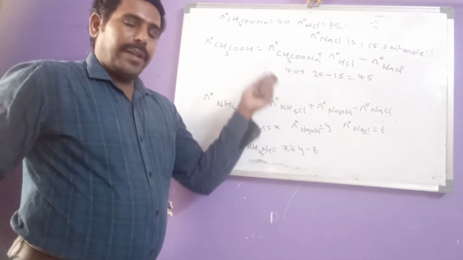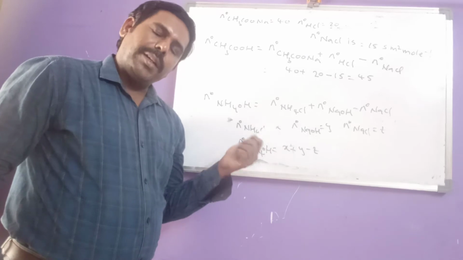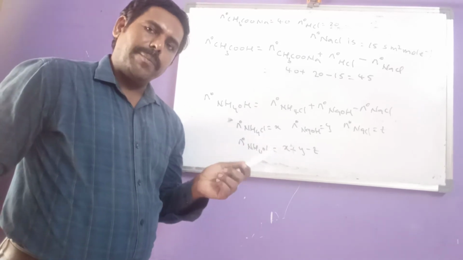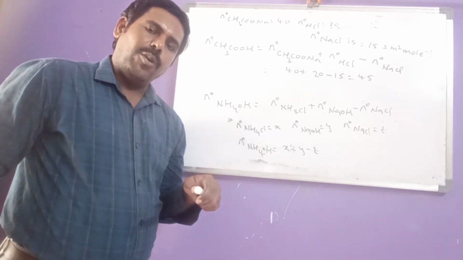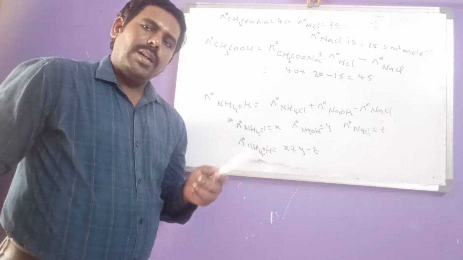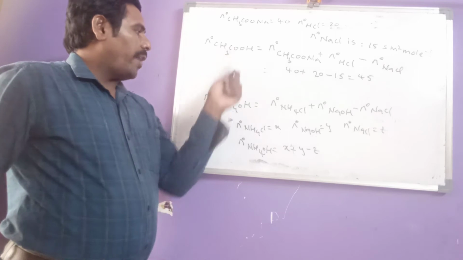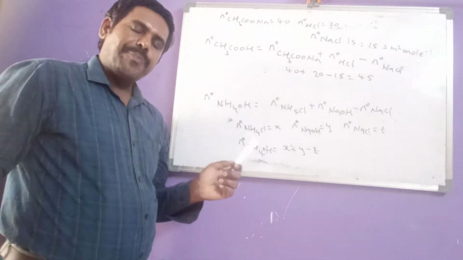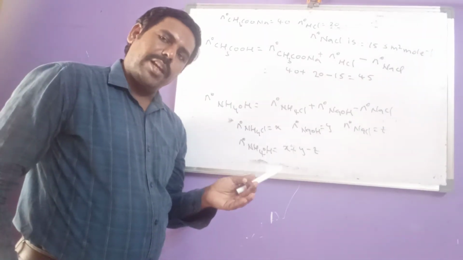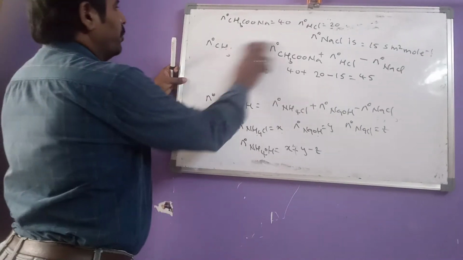But sometimes they may give some other weak electrolytes also. That means they may have valency 2 or valency 3, like that also. But these are having valency 1 and 1 only. Then how to solve such type of problems? See here, one question I will give to you.